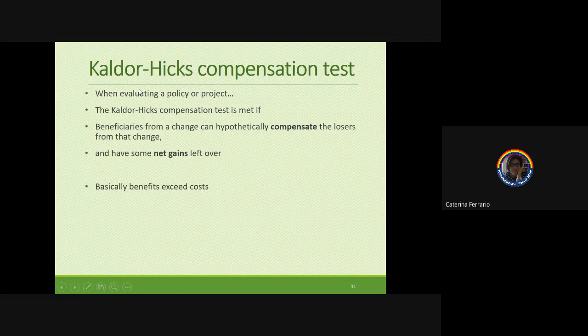So the Kaldor-Hicks compensation test is a kind of test that helps you check whether benefits are actually exceeding costs. And if it is met, the project is worth implementing.